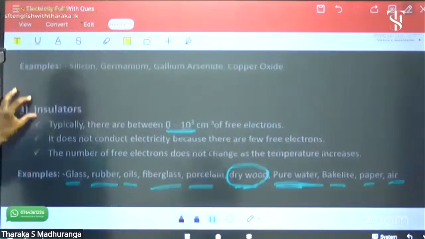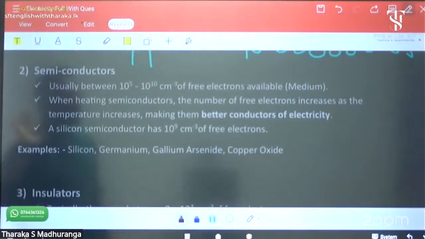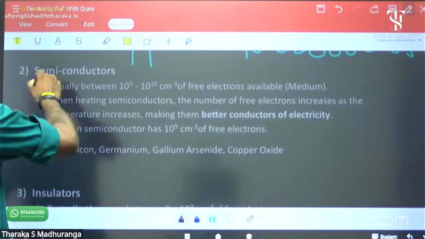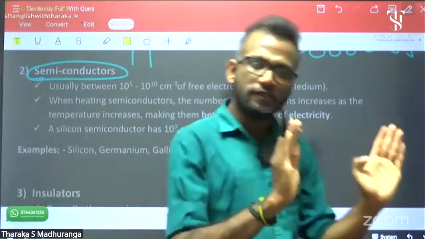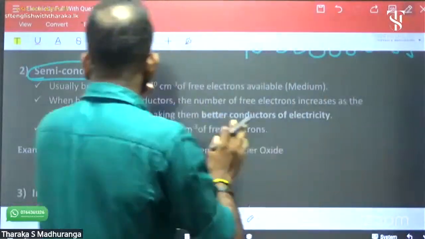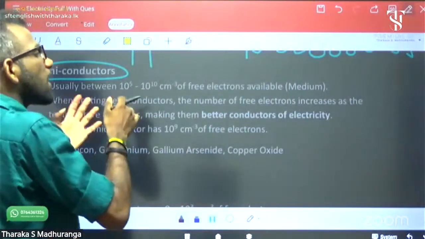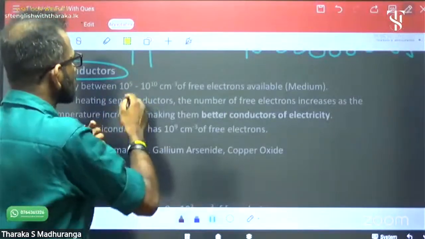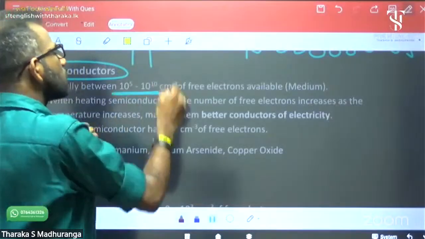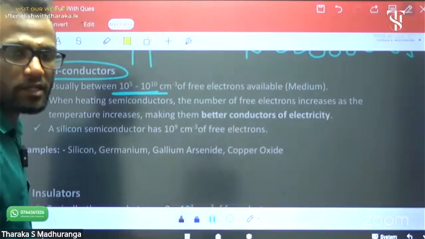Okay, there is another very special type that we call a semiconductor. Semiconductor means between conductors and insulators. Usually they have a medium level of free electrons, 10 to the power 5 to 10 to the power 10 per cubic centimeter.